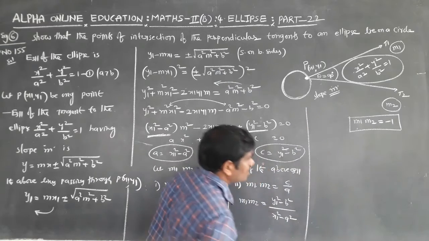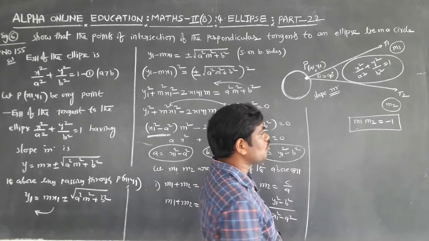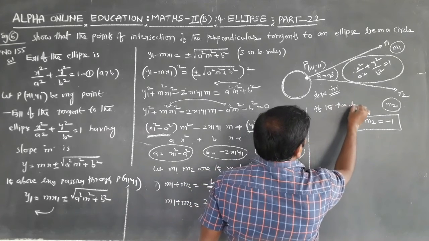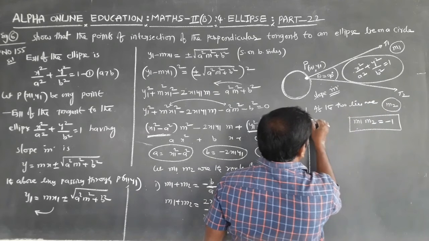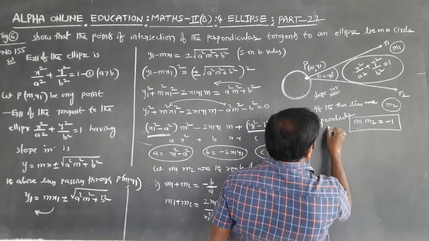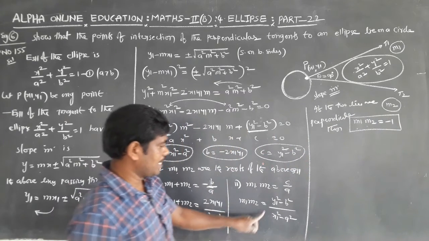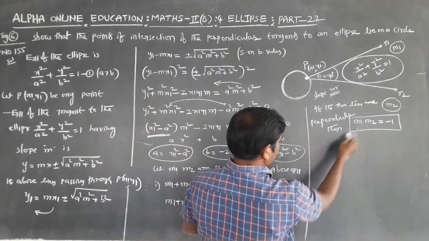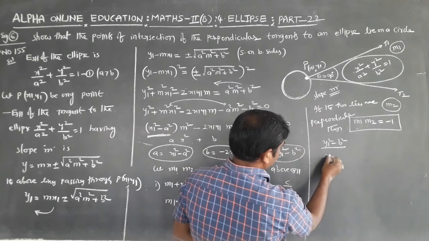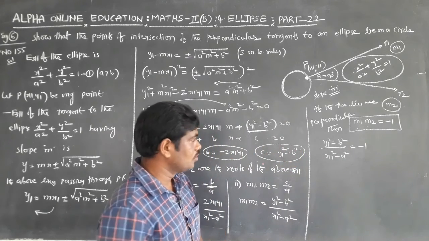Observe here clearly, the two tangents are perpendicular. If the two lines are perpendicular, then m1 into m2 is equal to minus 1. So m1 m2 is equal to (y1 square minus b square) by (x1 square minus a square) is equal to minus 1.